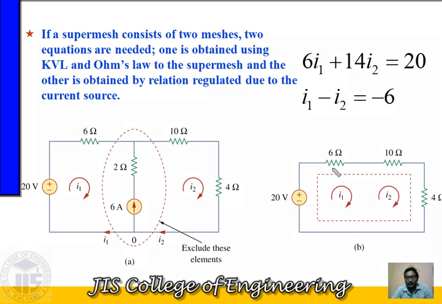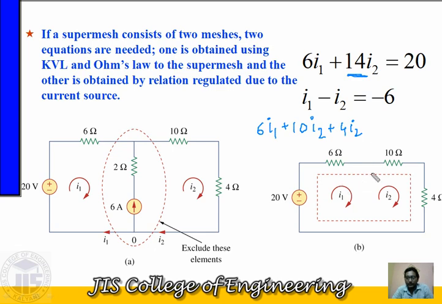So if we write down the KVL equation directly, simply we can write 6 of I1 plus, for this 10 ohm resistance, 10 of I2, and for the 4 ohm resistance, again 4 of I2.